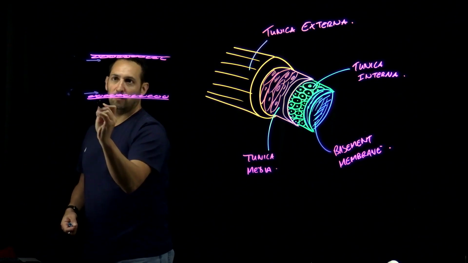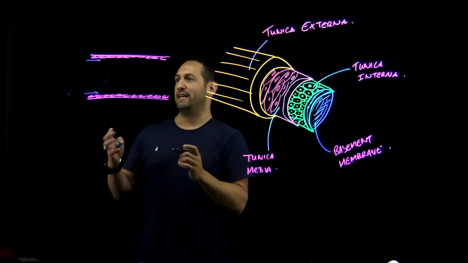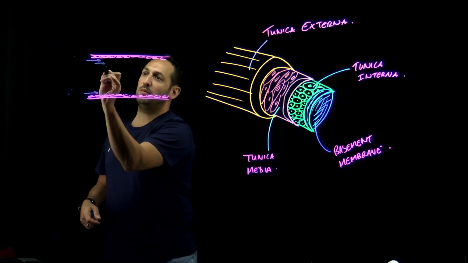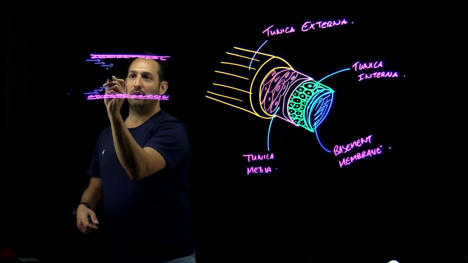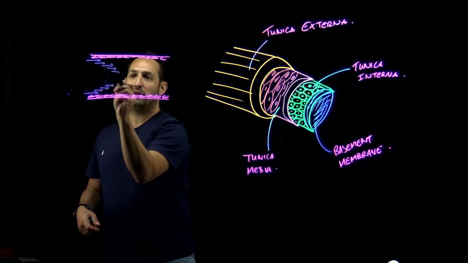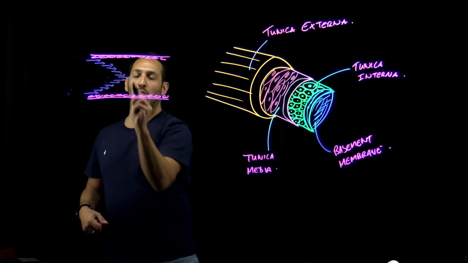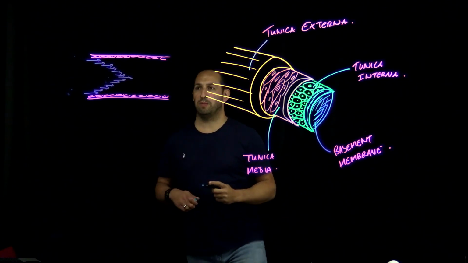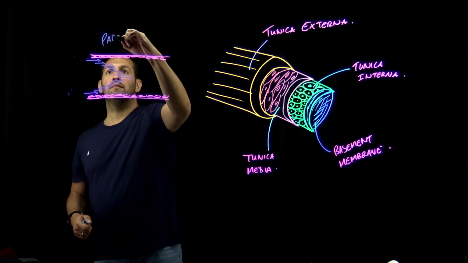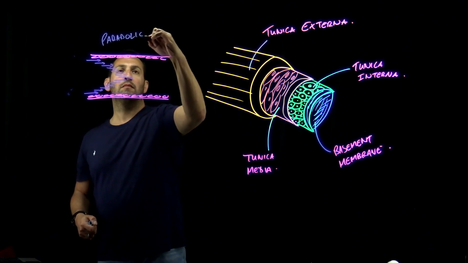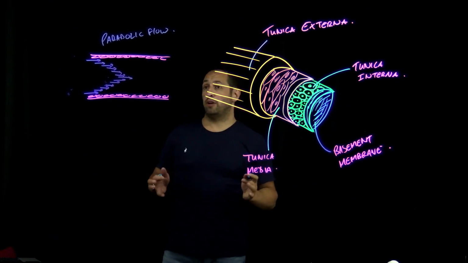This friction on blood means the layer of blood, because blood will flow in layers, the layer of blood that is closest to the endothelium is going to flow slightly slower than the next layer in, and the next layer in, and the next layer, and so on, until we get to the layer that's flowing in the middle. So we end up with something like that. Okay? So that's called parabolic flow. Cool. Parabolic flow.